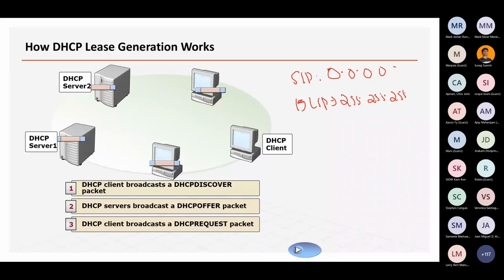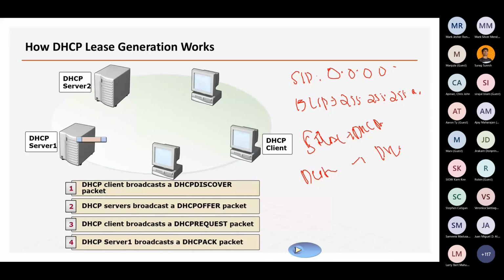Whoever gives first, let them give it. The source MAC address will be the client's MAC address, and the destination MAC address will be the DHCP server MAC address. This is generally known as a DHCP request packet.